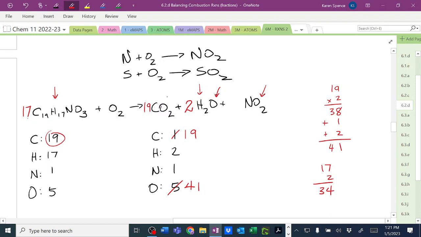Did I do something wrong here? Oh, yes, I did. This should have been the 2 and this should have been the 17. That's better. Hang on, that's a plus. That's a hydrogen, and that's a 17. There we go. You are never going to have to balance one this gross, but I'm just doing it to prove to you that it can be done.